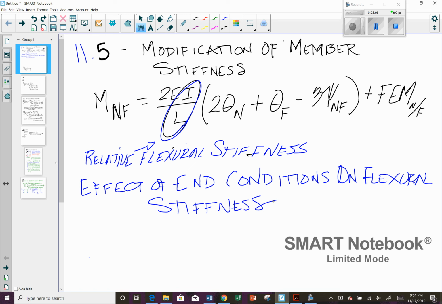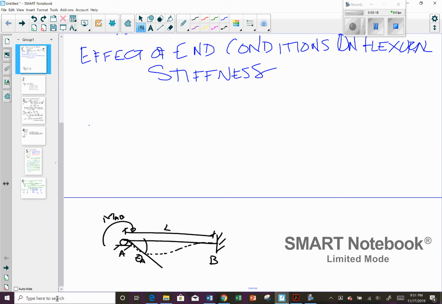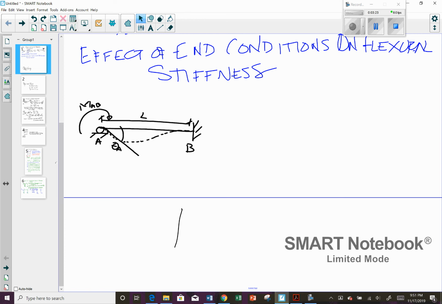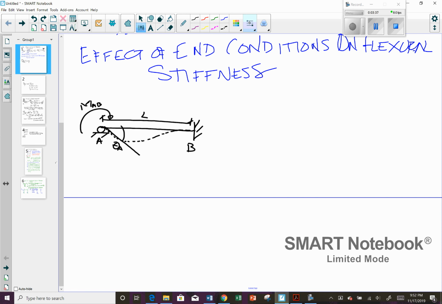Okay, so what we want to do is take this equation and apply it to this guy. Okay, we'll come back to this. So we have a roller and a fixed end here.